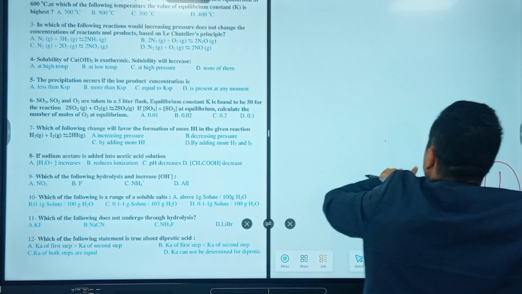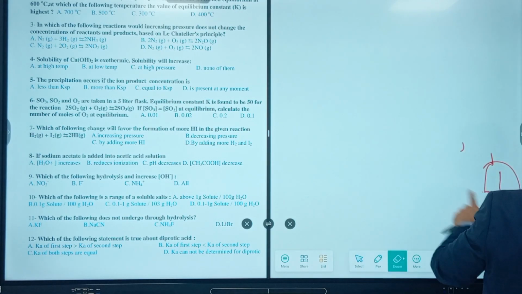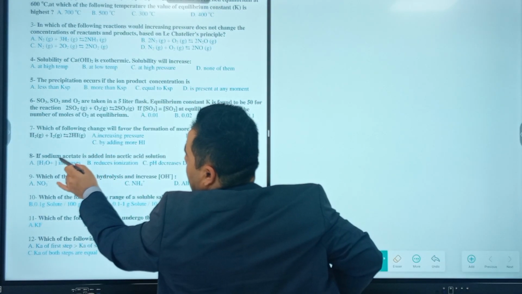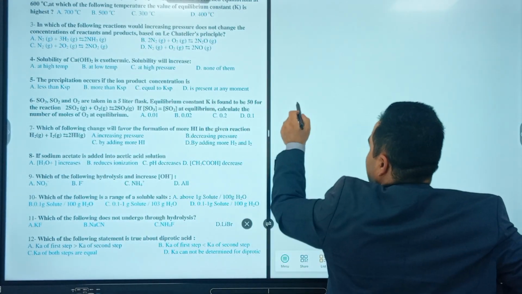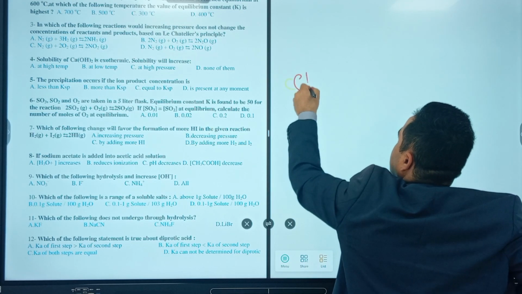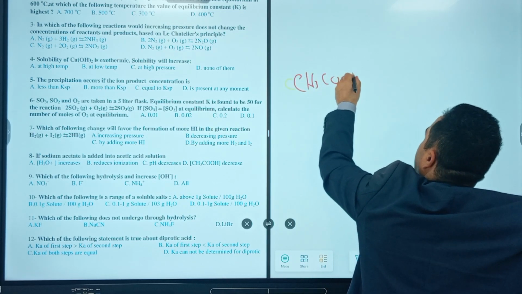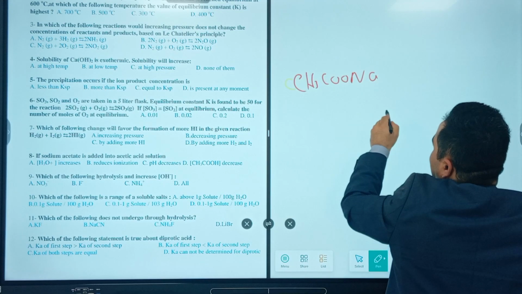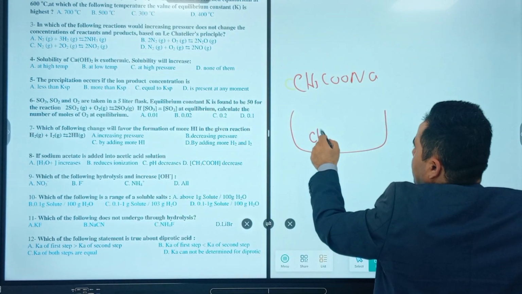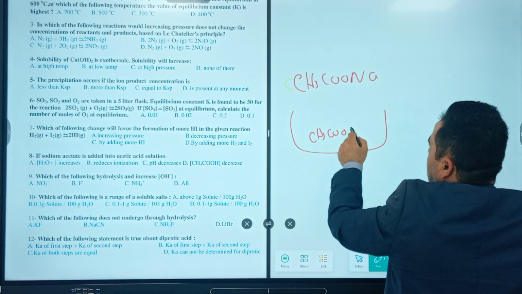We added a salt into the acid solution, the weak acid. What's the salt? Sodium acetate, CH3COONa, added to the acetic acid, CH3COOH.